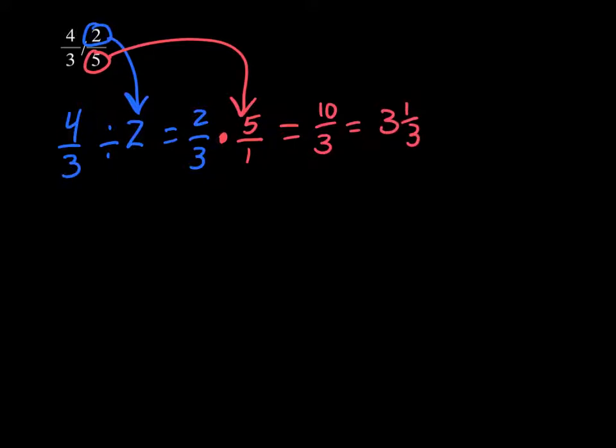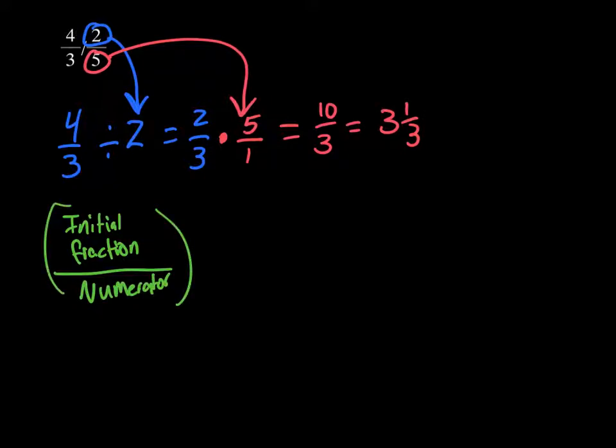And the rule that they're trying to get you to is you can have that initial fraction divided by the numerator and then multiply it by the denominator.